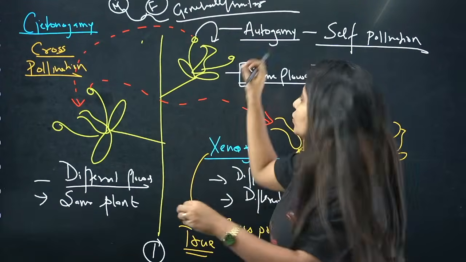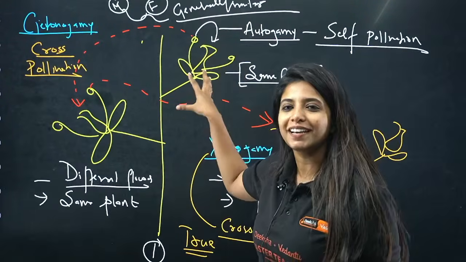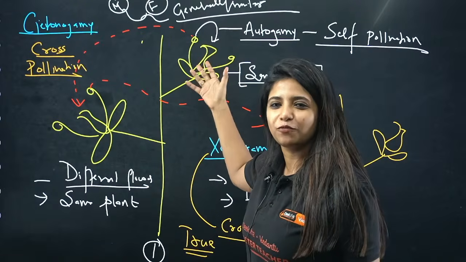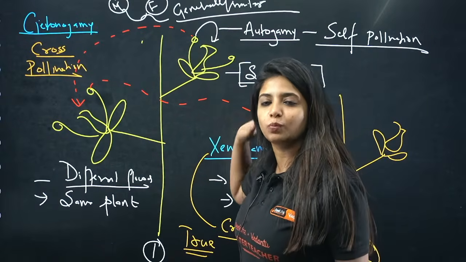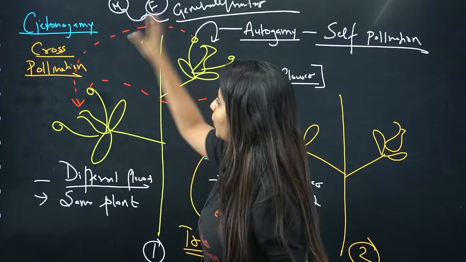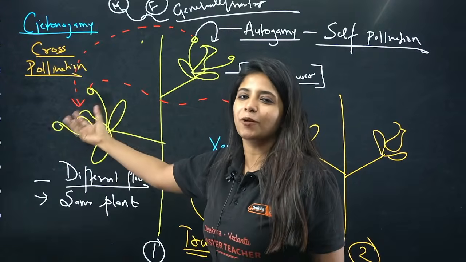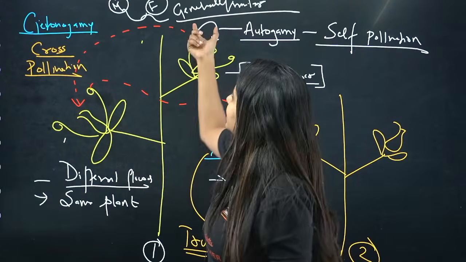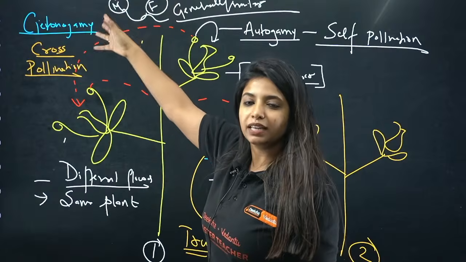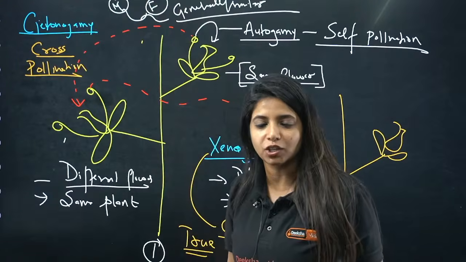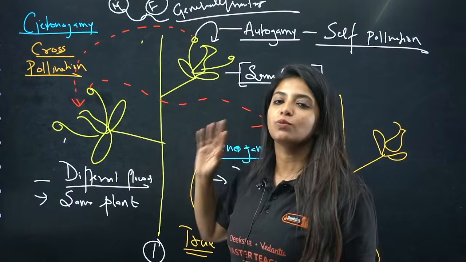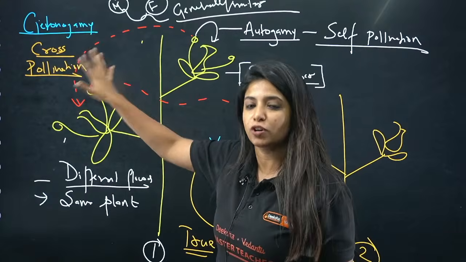So whatever you do, here pollination happens, you will be finding the same type of progeny being formed. Just like the parent, the progeny will also be like that. Similarly, even if you do pollination like this, you will get a progeny made up of similar parental gametes, right? Male gamete, female gamete, everything has the same genetics only, which is why you say that this is not true cross-pollination.